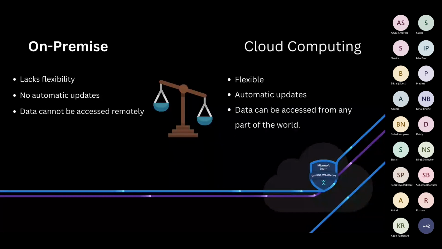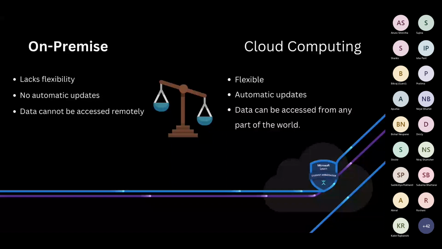So for that, in on premise you'll be having a difficult time managing the data, sorting the data, categorizing the data, finding the data. First you need to collect it from everywhere, and this is a very less flexible process. Whereas in cloud computing, if you want to change the data, if you want to change the route of the business, it's very easy.